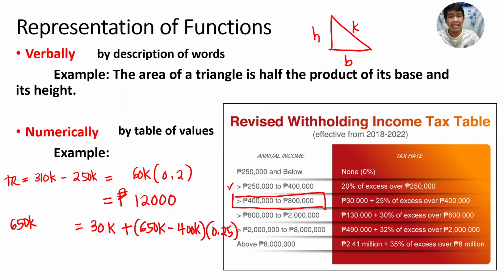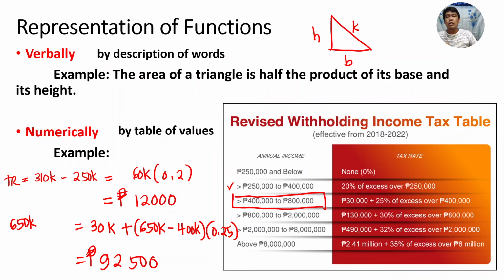And the answer is 92.5K. So, meaning to say, ang babayarang tax annually is 92,500 kung ang kinikita ay 650,000 annually. So this is the amount to be paid sa Bureau of Internal Revenue sa loob ng isang taon.